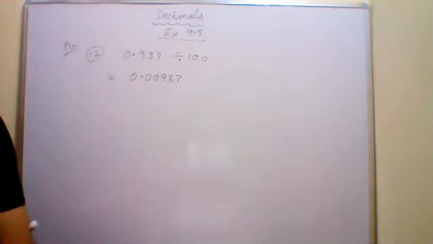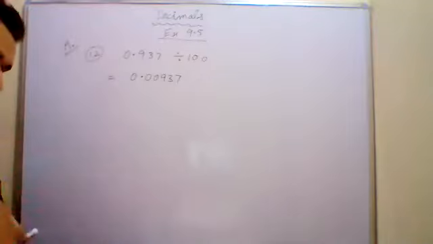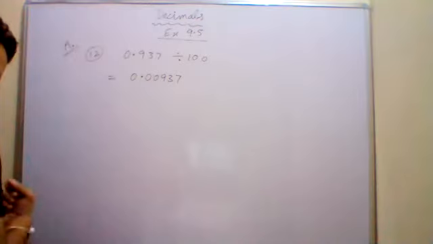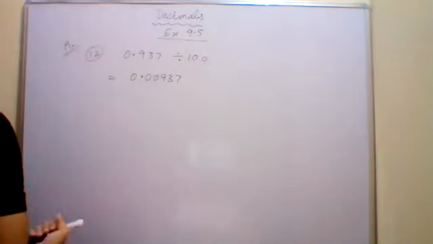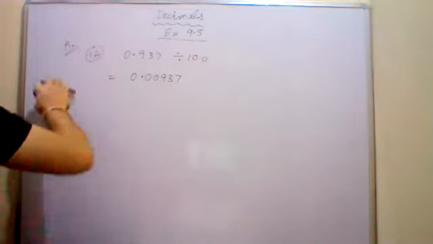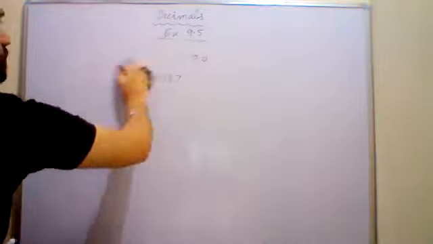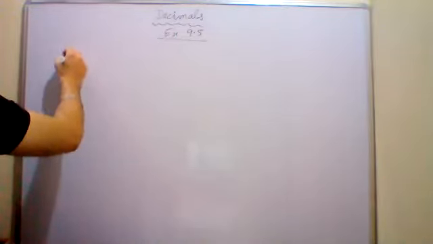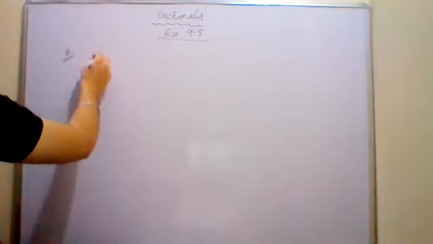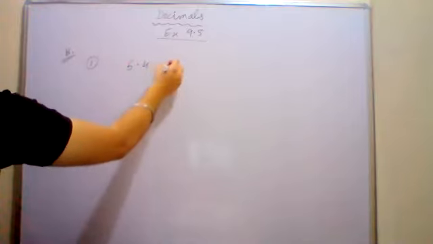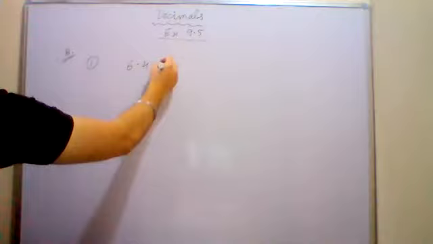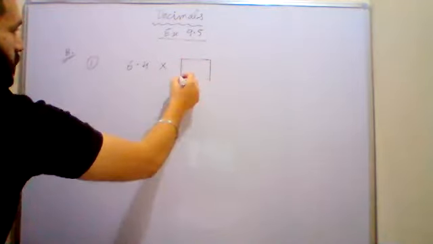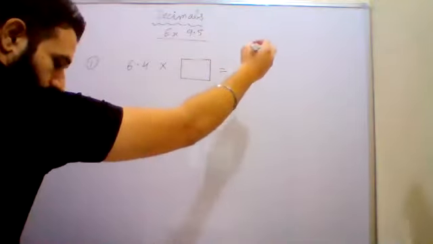Let's start doing question B. In question B, you have to fill this box. 6.4 multiplied by what gives you 64?